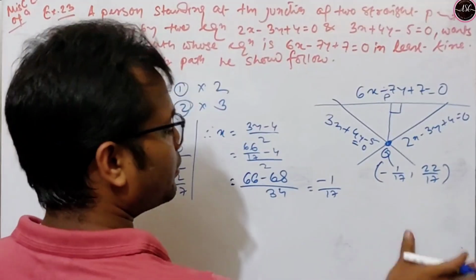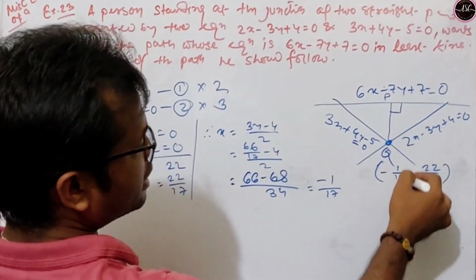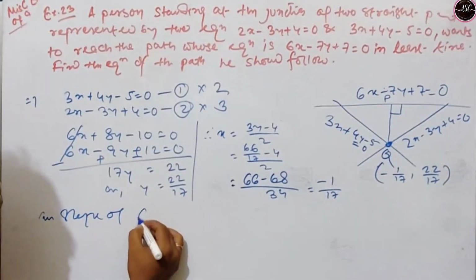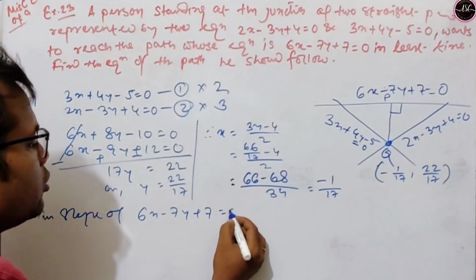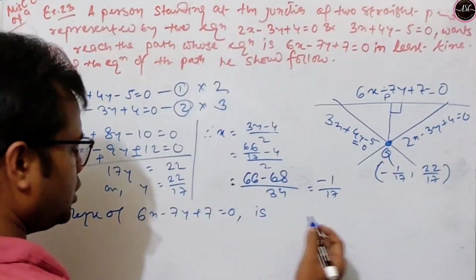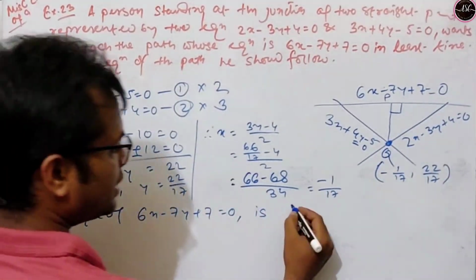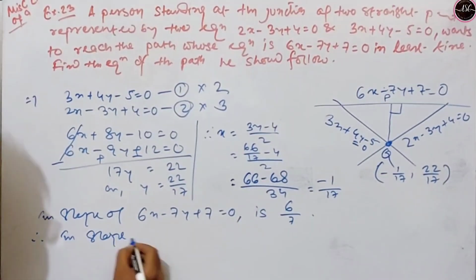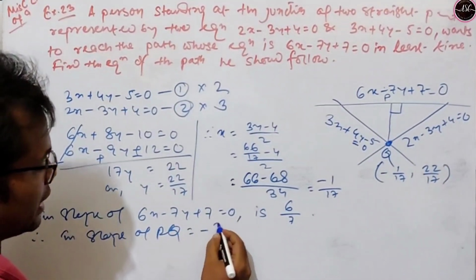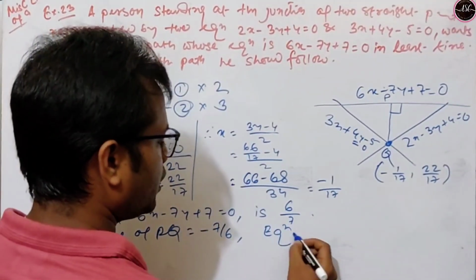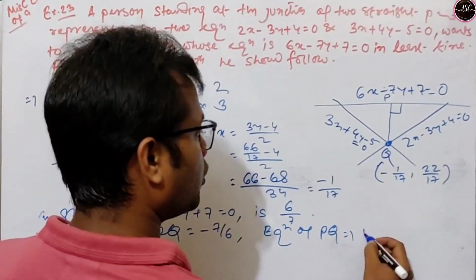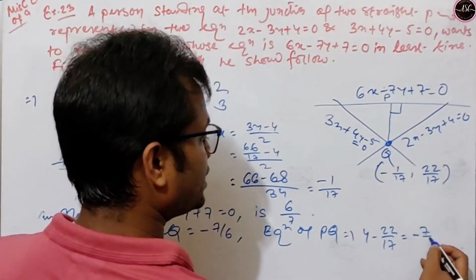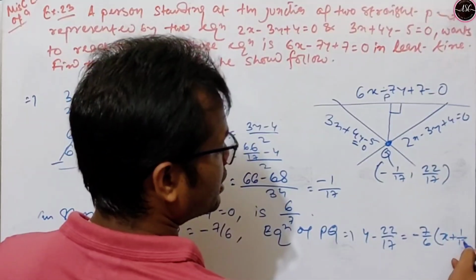Okay. So this PQ is passing through this point and perpendicular to this. So the slope of 6x minus 7y plus 7 equal to 0 is, what is the slope? Here 6 by 7. So the slope of PQ is minus 7 by 6. So equation of PQ is y minus 22 by 17 as passing through this point equal to minus 7 by 6 into x plus 1 by 17. Okay.